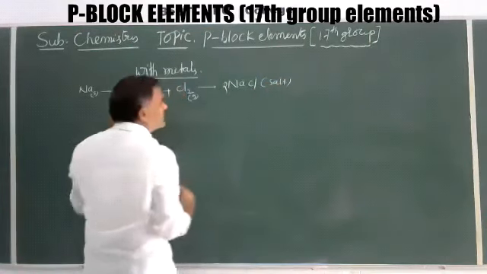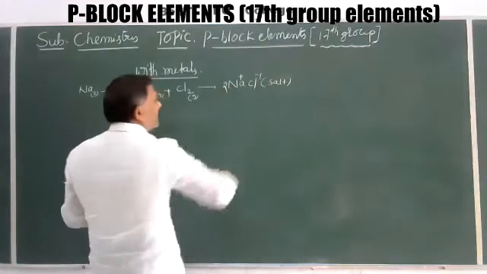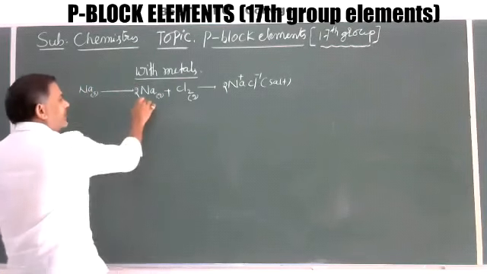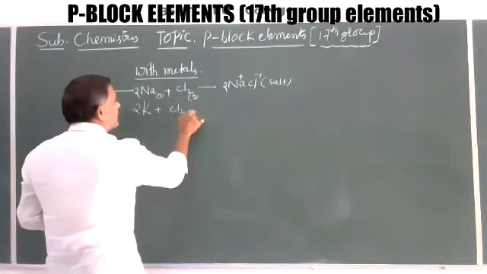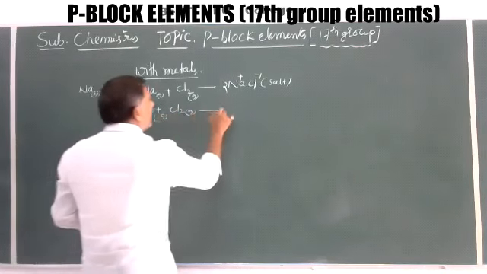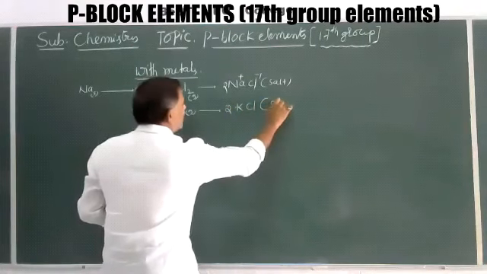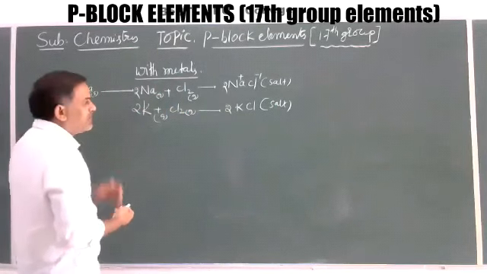It is a metal, it is a non-metal, it gives a salt. It is an ionic salt. Sodium is +1, chlorine is -1 by the crisscross method. It is a first group element. All first group elements like potassium react with chlorine, giving potassium chloride. Not only sodium and potassium, rubidium and cesium also react.